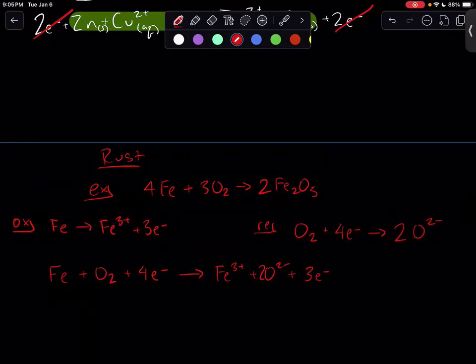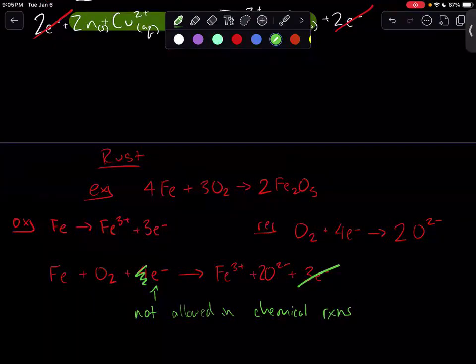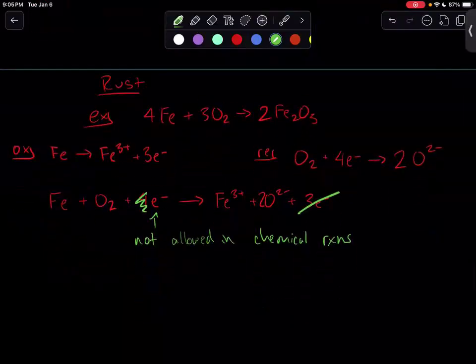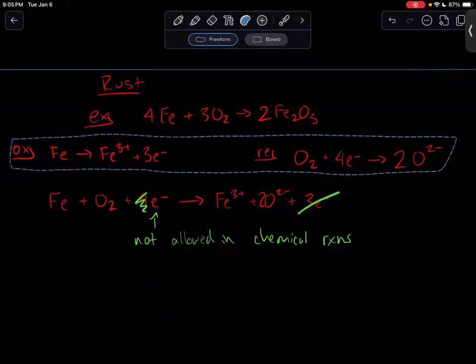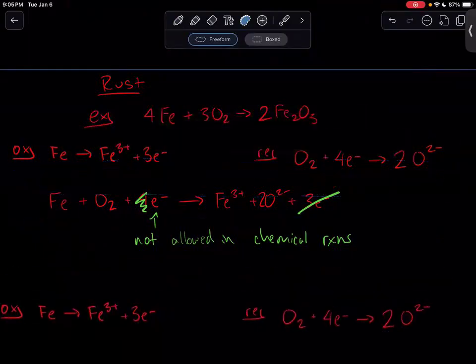I can cancel out 3 electrons from the right side, but I still have 1 electron on the left. Electrons are not allowed in chemical reactions. They're allowed in our half reactions, but not in real chemical reactions. So we actually have to modify our equations. We have to do a little bit of, honestly, algebra to get this working.